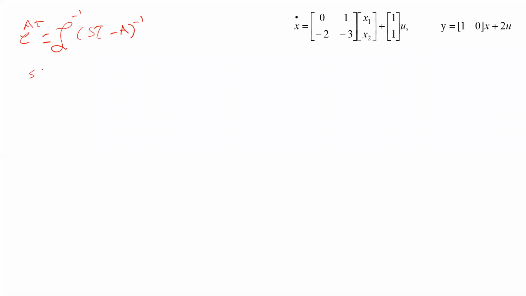So what is sI minus A? It's the matrix s, 0, 0, s minus the matrix of the coefficients, which is 0, 1, minus 2, minus 3. This is the A.